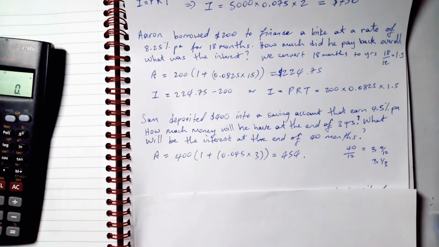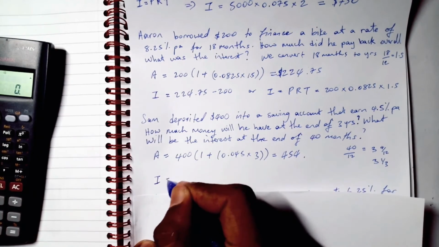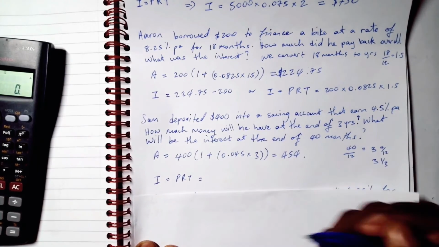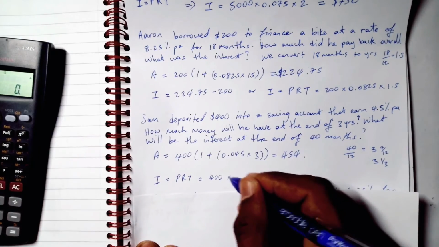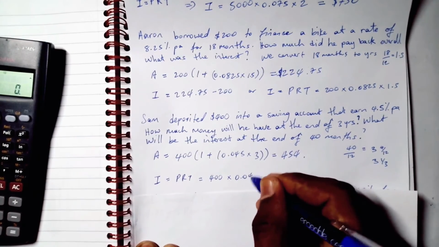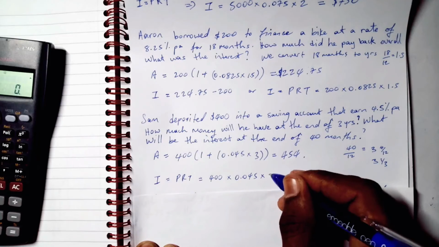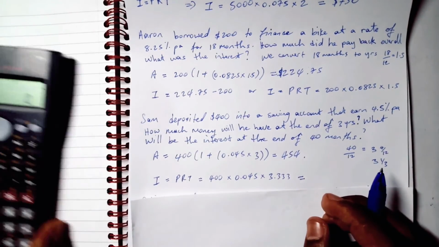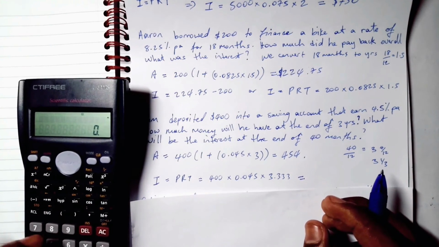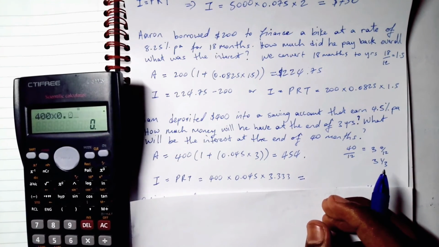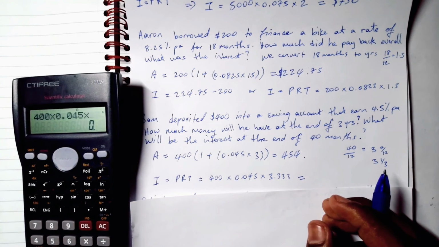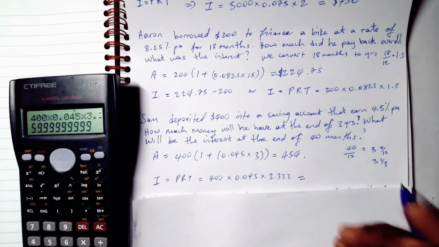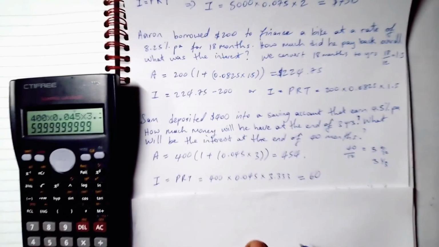Now we proceed. Interest is equal to PRT, which in our case is 400 multiplied by 0.045 multiplied by 3.333 all the way out. Getting our calculator, 400 times 0.045 times 3.33333333 is equal to, we can call it 60.